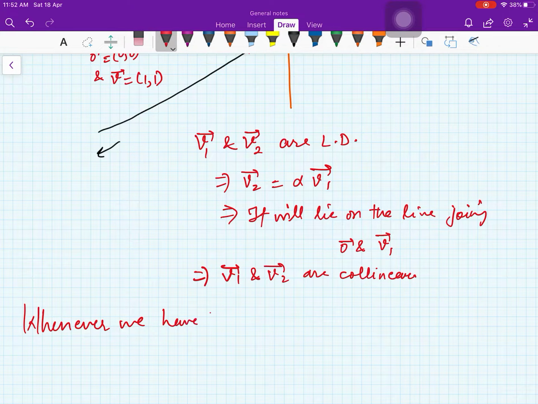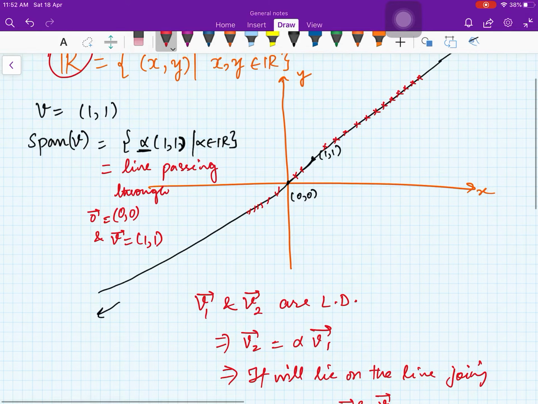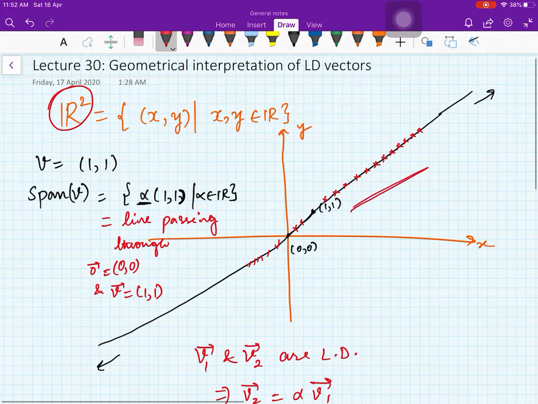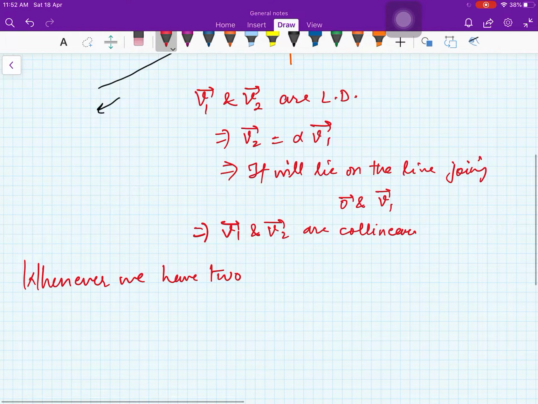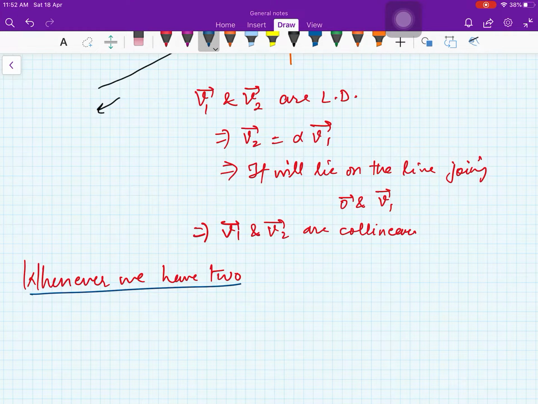This was an example for R2 where you can visualize things. Now I am talking about any general vector space.